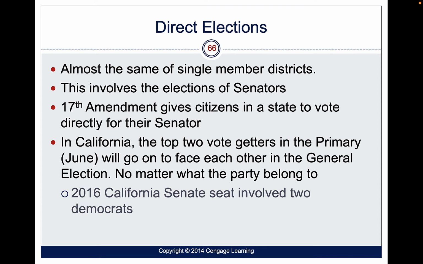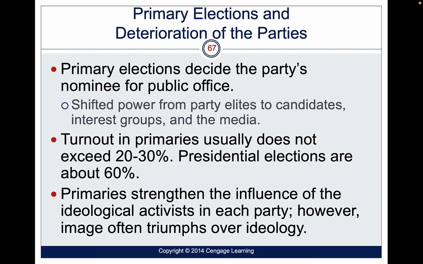So if you have a primary where the Senate is involved and the top 2 vote getters are both Democrats, then those 2 Democrats will face each other in the general election. That happened in 2016, where in the primaries, Loretta Sanchez, as well as our Vice President Kamala Harris, were the 2 top vote getters, and then we saw 2 Democrats face each other in the general election in November.